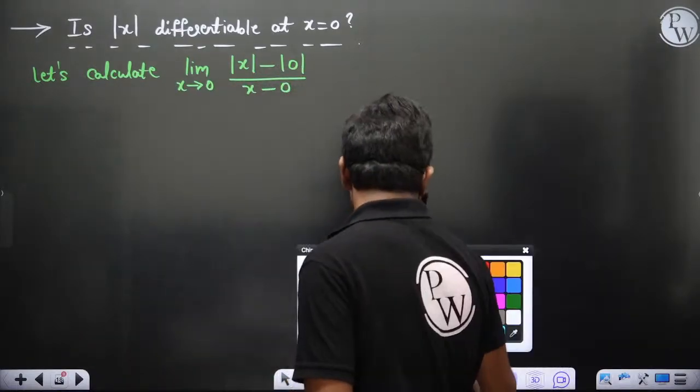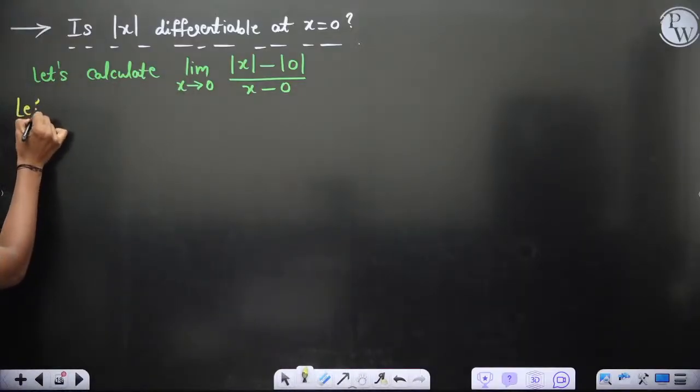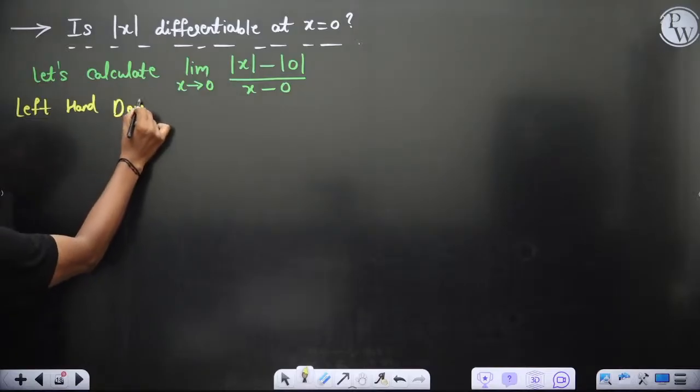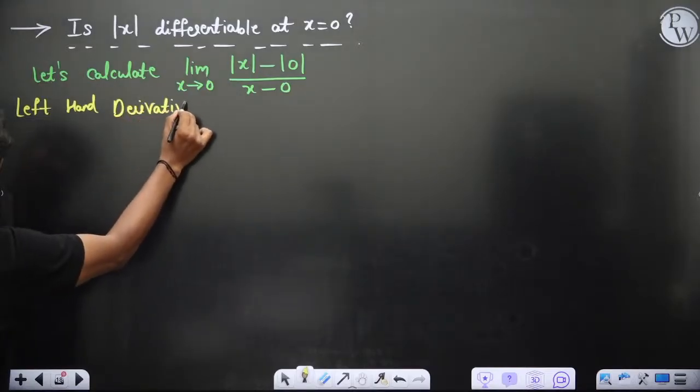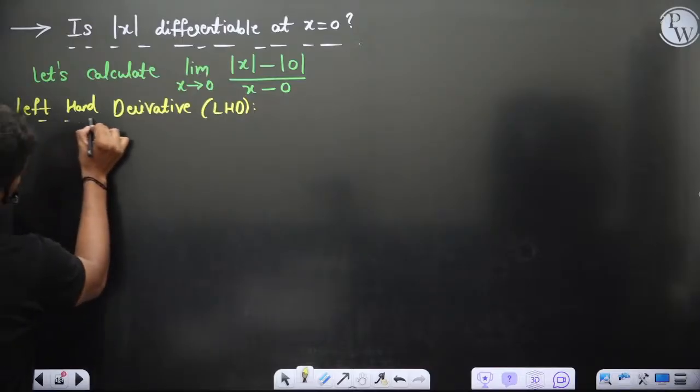Then let's inquire. First of all, let us calculate the left hand derivative. Left hand derivative, okay.